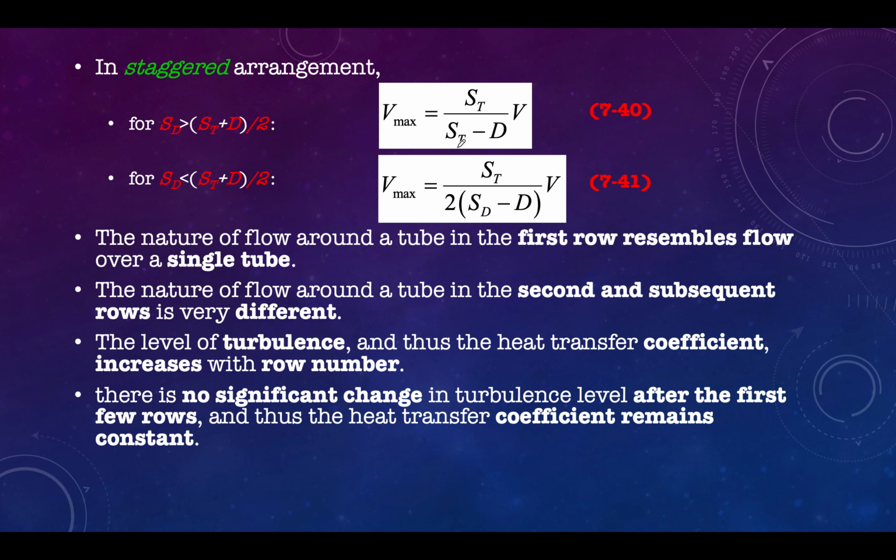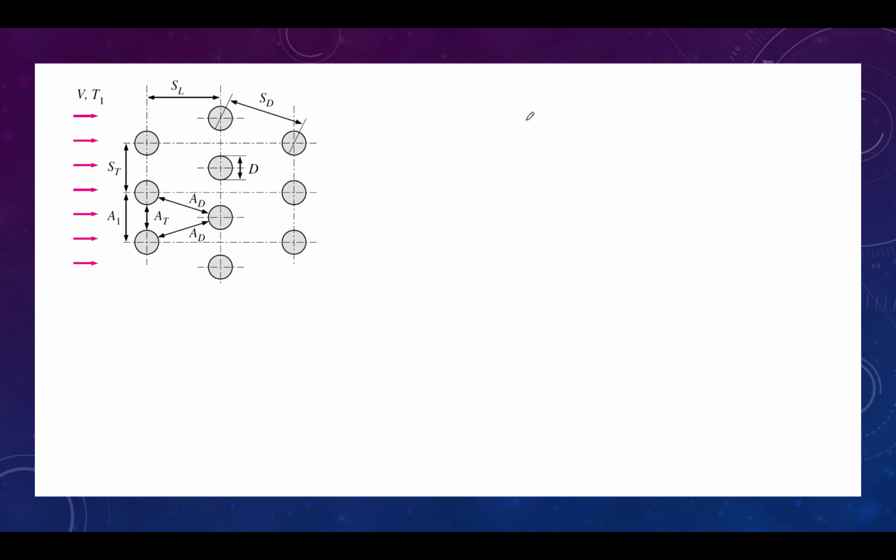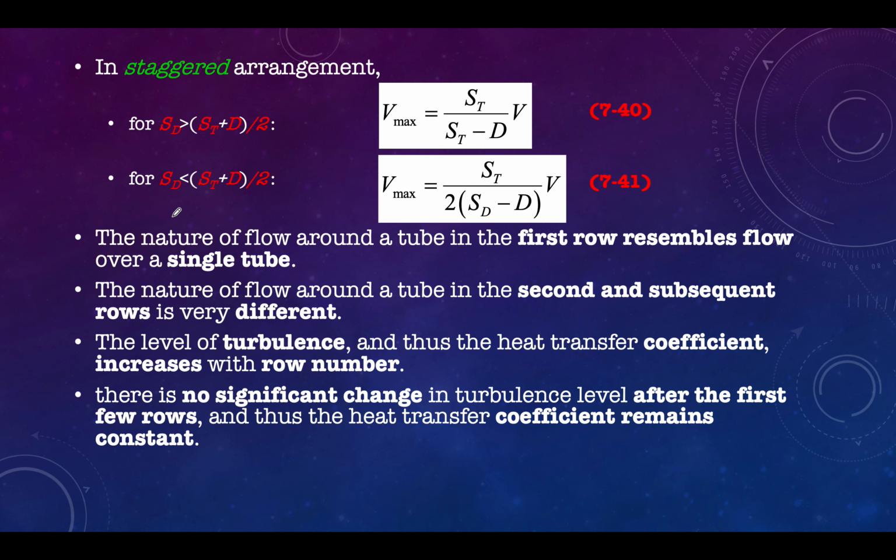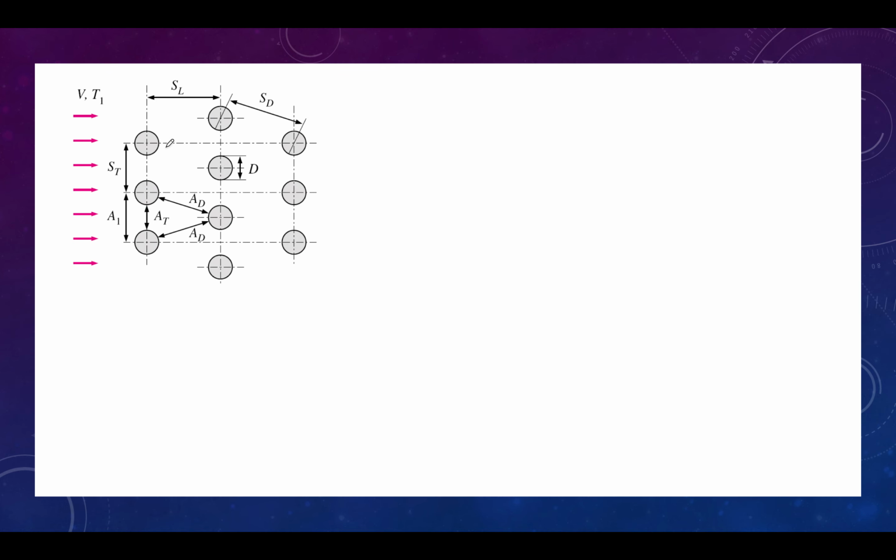The equation becomes V maximum equal to ST over ST minus D times V. Here we will compare, looking at the first condition, only AT and AD with A1.